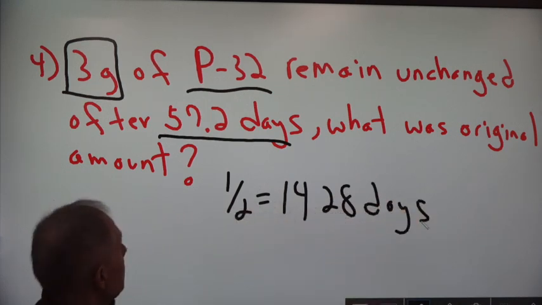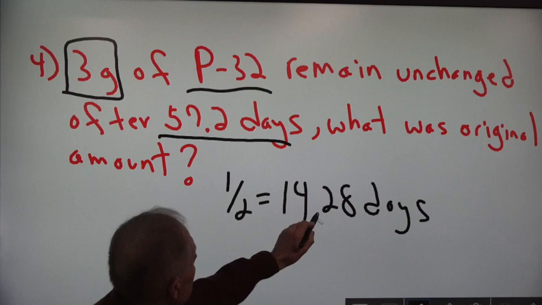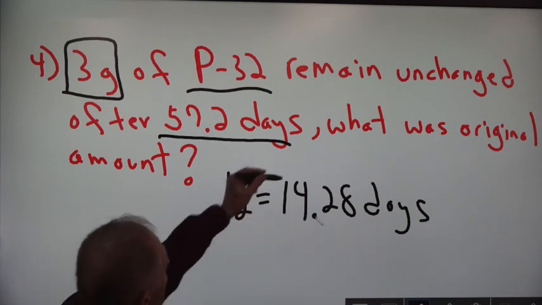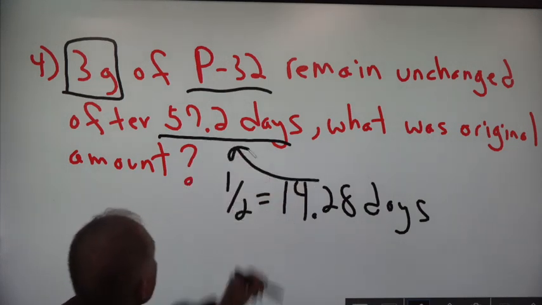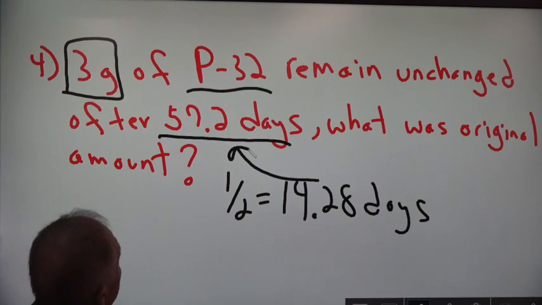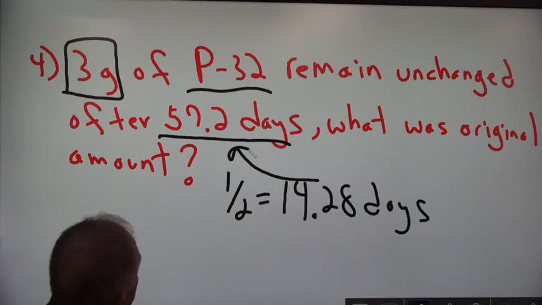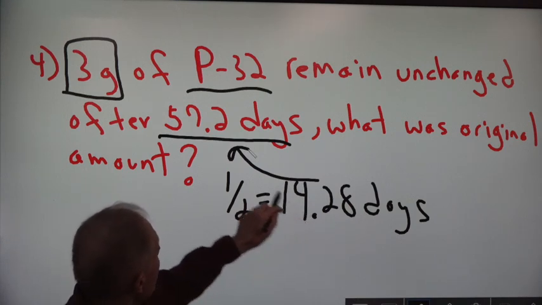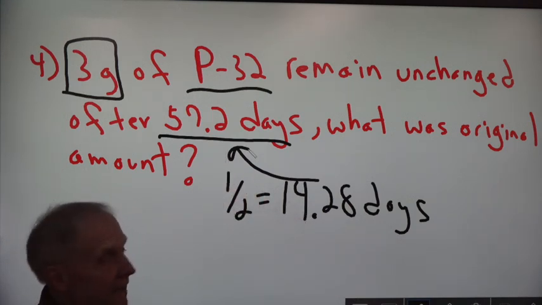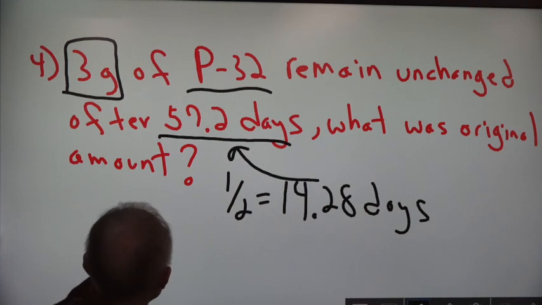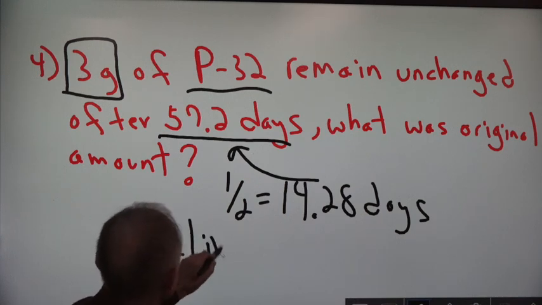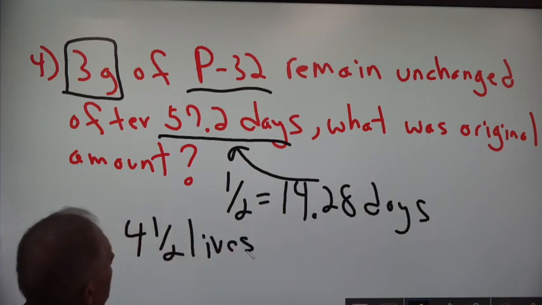Remember what we did before, 14.28 days, we would divide into 57. And once we divide that in, we get 4 half-lives.